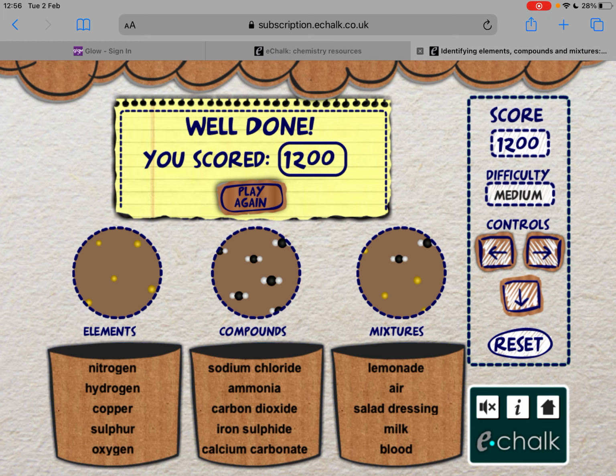And the IDE at the end of the name tells us that these elements are chemically joined together. That's why the name is slightly altered. So sodium chloride is a compound that contains sodium and chlorine chemically joined together.